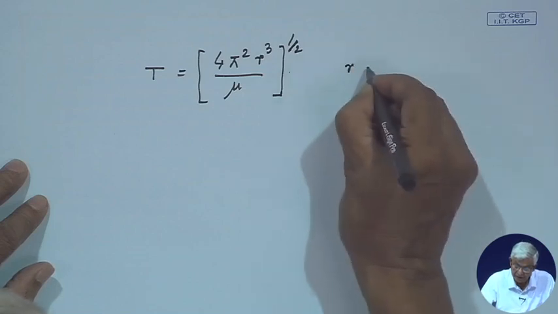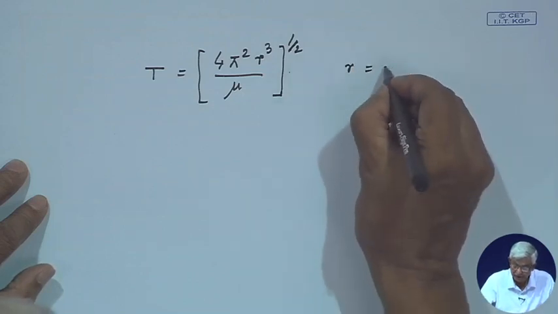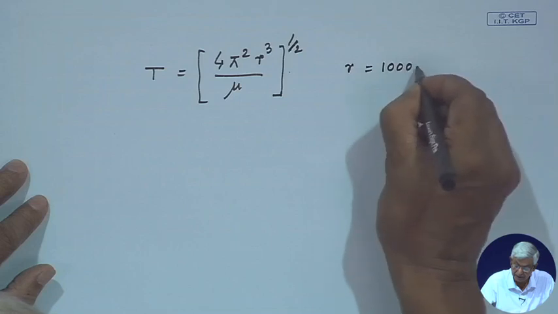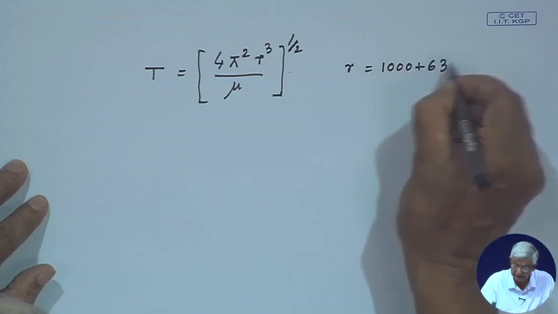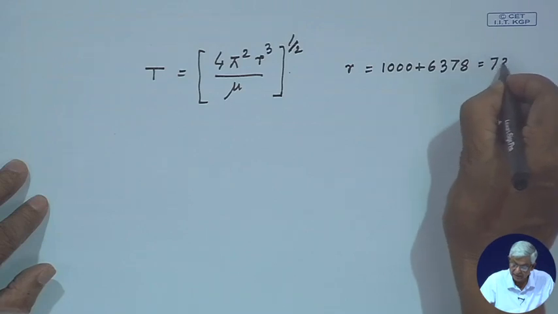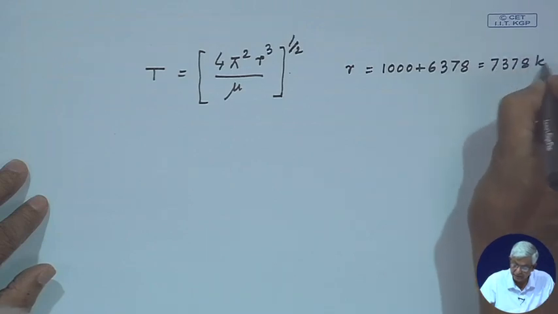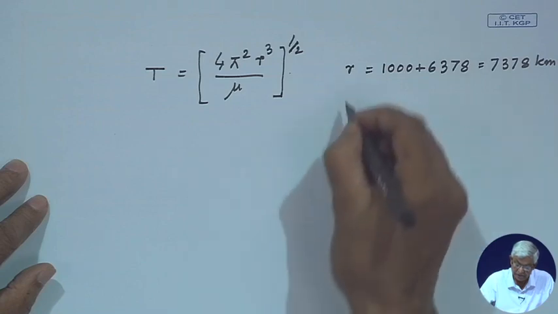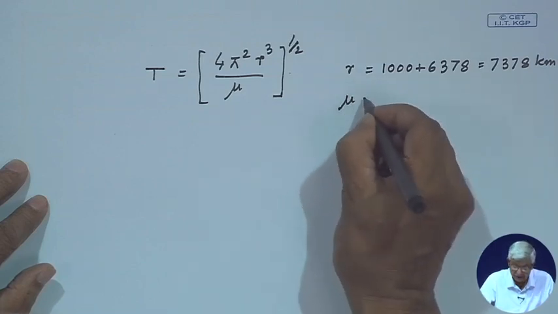Now, r is the radius and it is 1000 kilometer height. So, 1000 plus the radius of the earth, which in general we take as 6378, so it will be 7378 kilometer. r is known and the mu value is a constant.